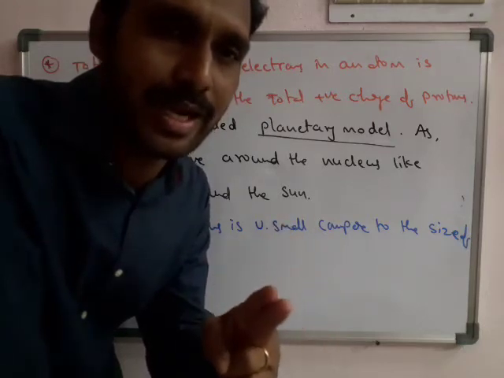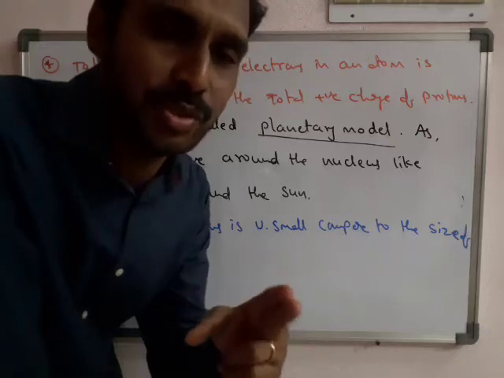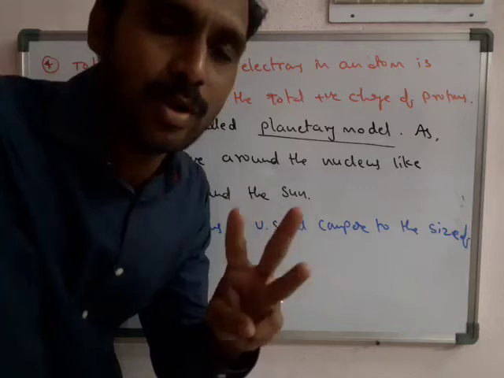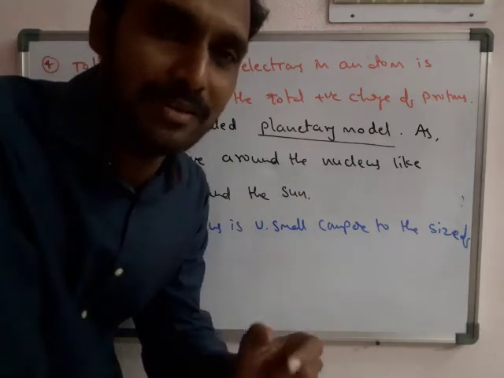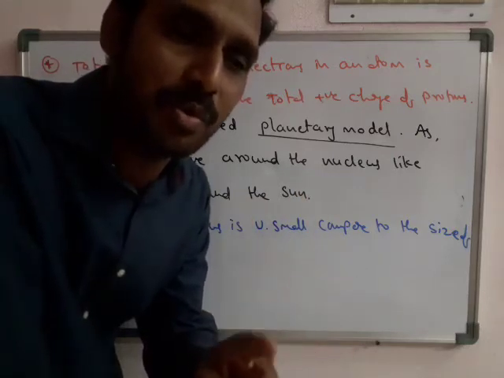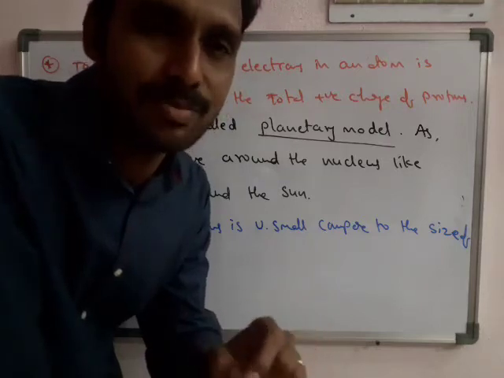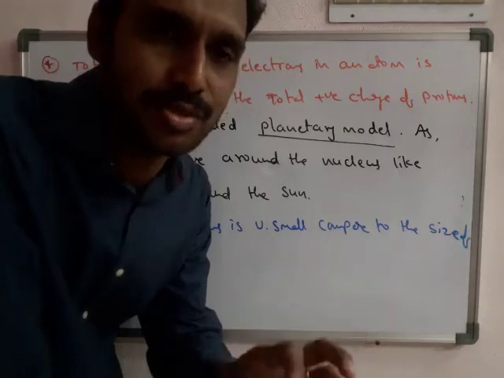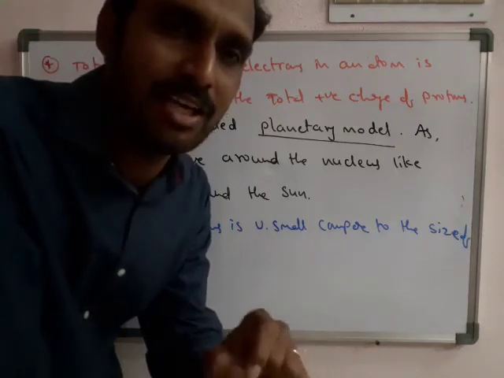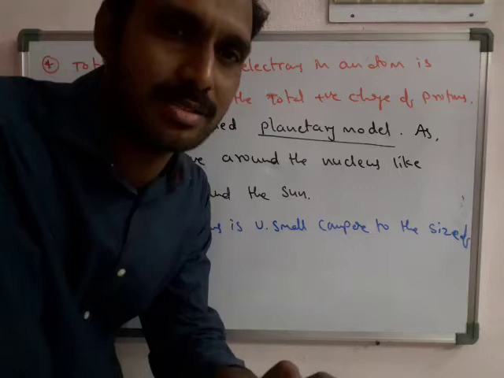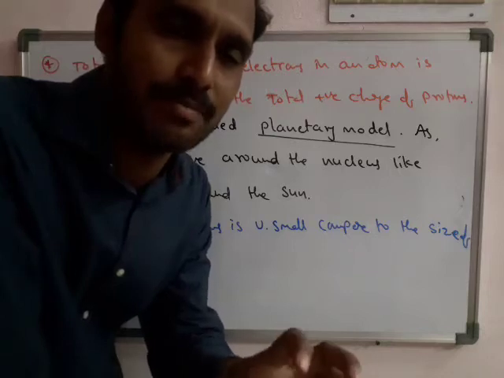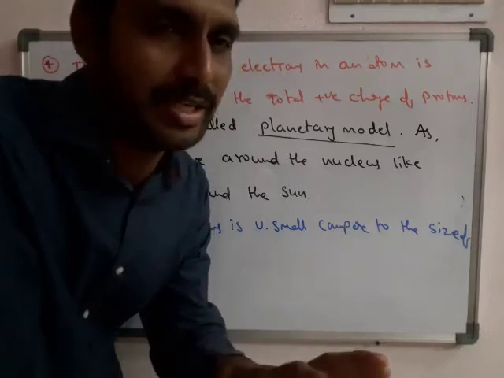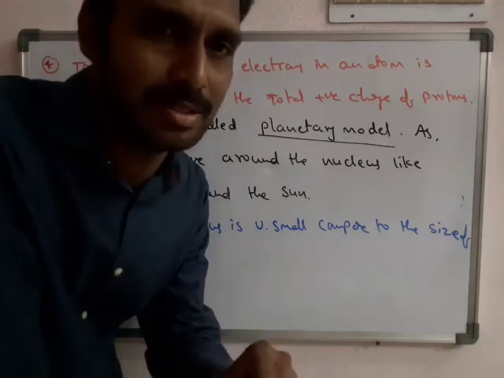It also tried to explain the neutrality and the stability of the atom. One more important thing: it is totally experiment based. It is not simply an imaginary assumption. The assumptions were given with the help of the results observed by him in his alpha ray scattering experiment.